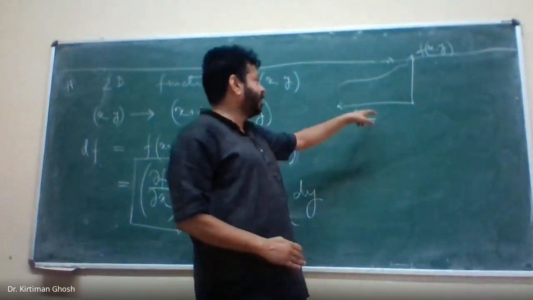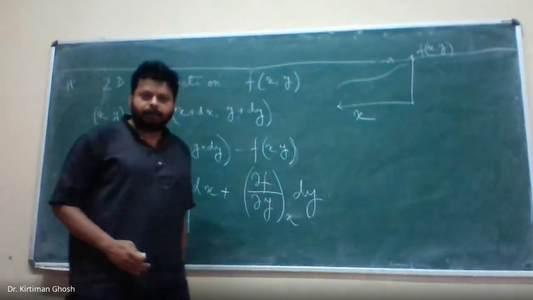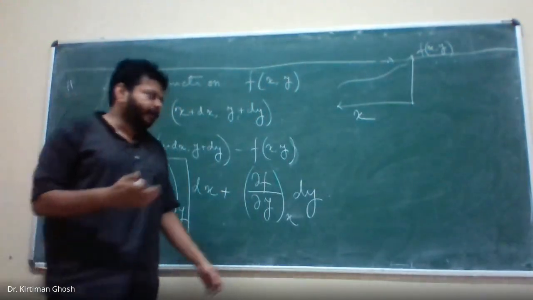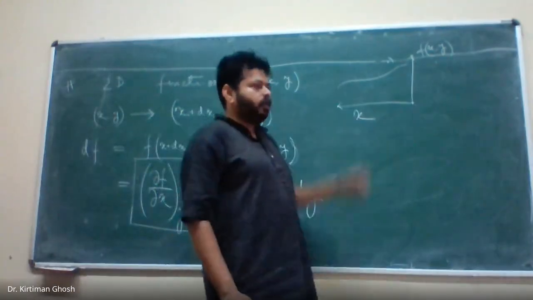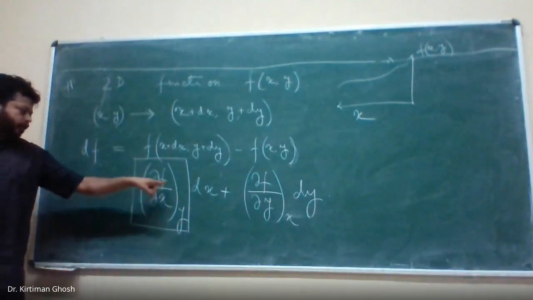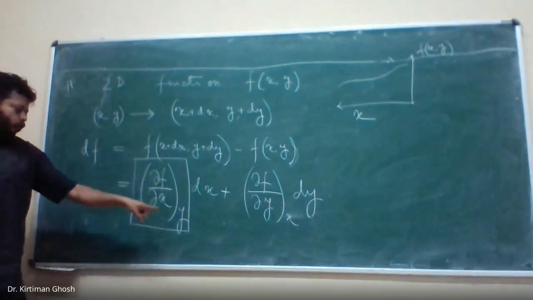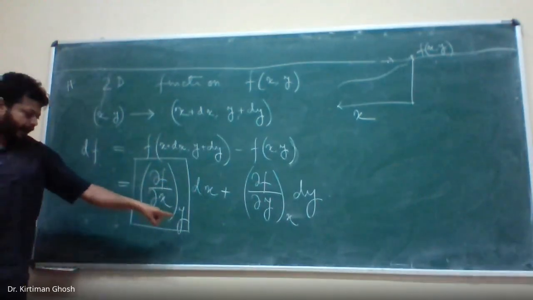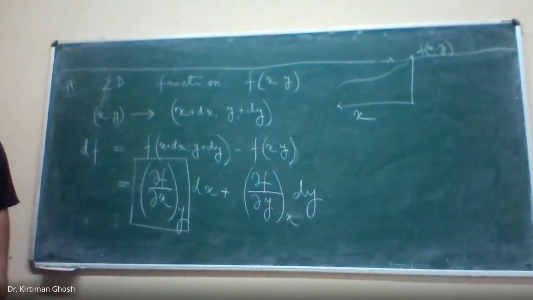So that curve has a slope along x, not gradient, a slope for each value of x. That particular slope is the partial derivative of this two-dimensional function f with respect to x at a given value of y. So that is the definition of the partial derivative of f.